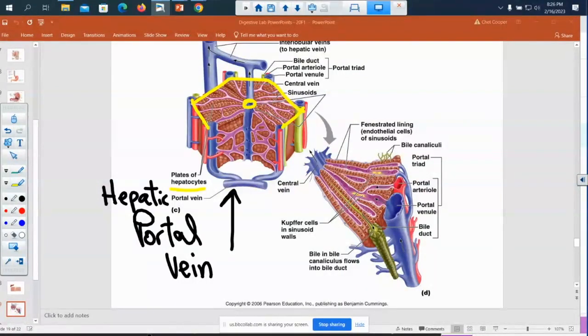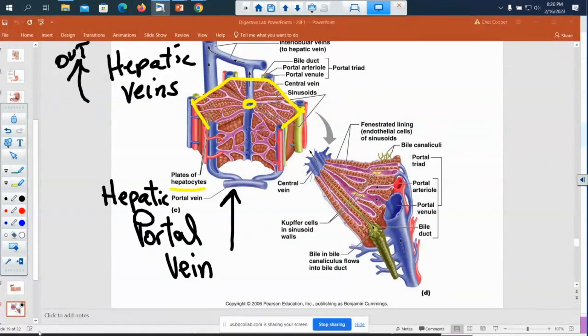And then I'm using this one lobule to represent all the liver. And after it leaves the liver and it's going back to the heart, you know, going to the inferior vena cava, it goes through veins called hepatic veins on its way out, up and out, right? Up and out of the liver. So it's going back to the heart.